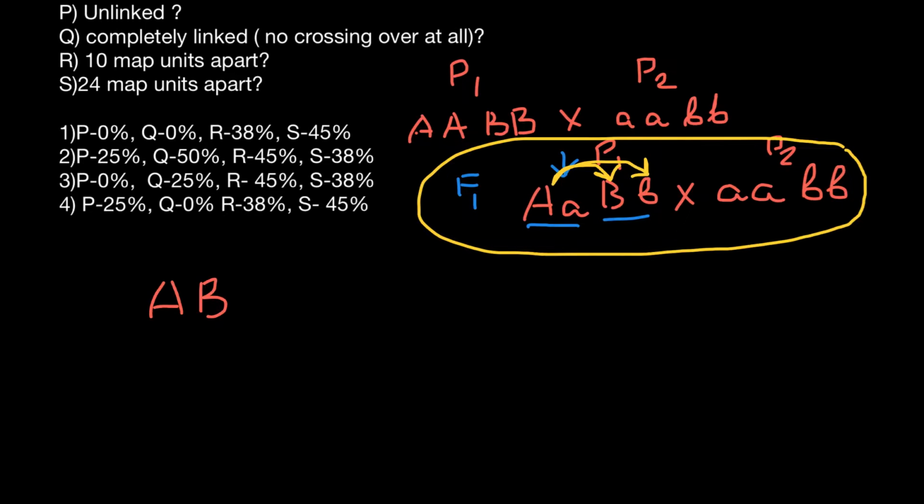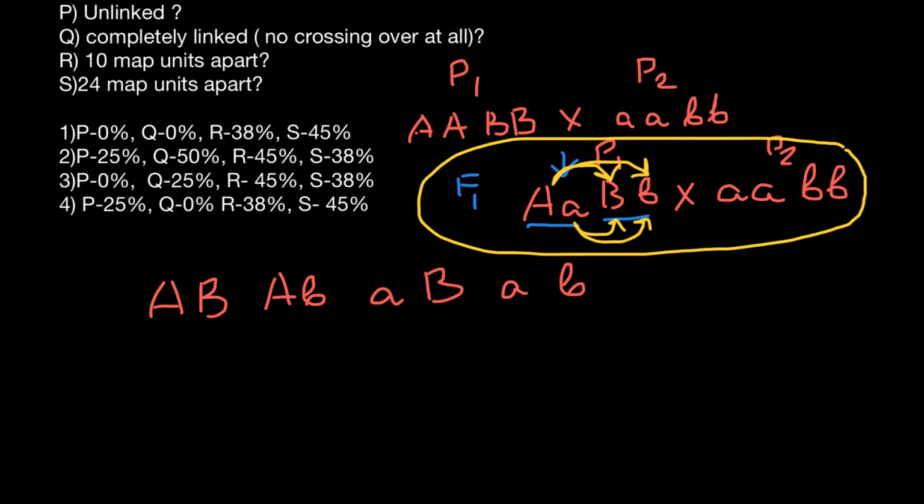The next variant can be small a and capital B, and the last variant of the gametes can be small a and small b.